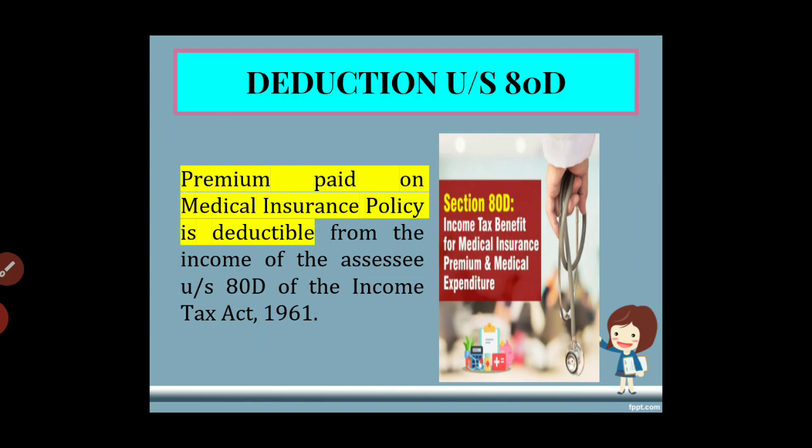If you pay the premium of an LIC policy, that is a deduction under section 80C. We had already seen this in 80C. But if you are paying the premium on a medical insurance policy, then you can avail the deduction under section 80D.